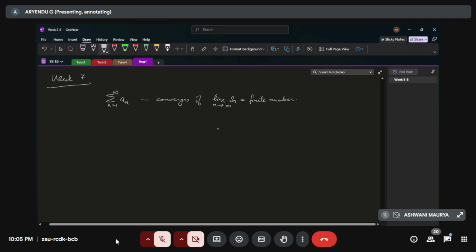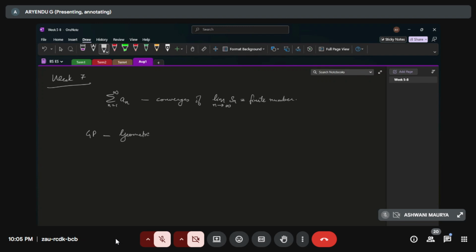When we talk about series, the most common series we can encounter is the GP or the geometrical series, which is sigma a r raised to n, which is equal to a plus ar plus ar square plus ar cube and so on.